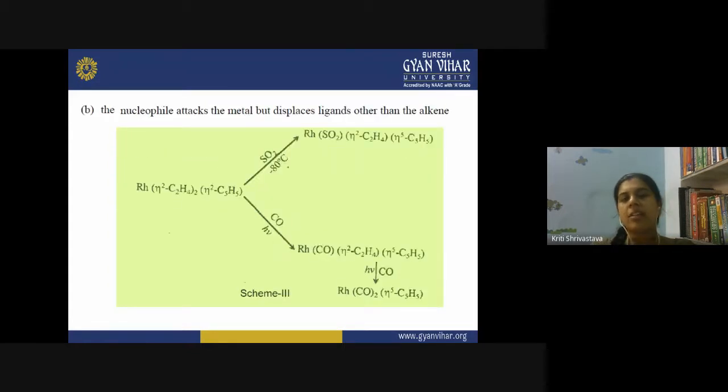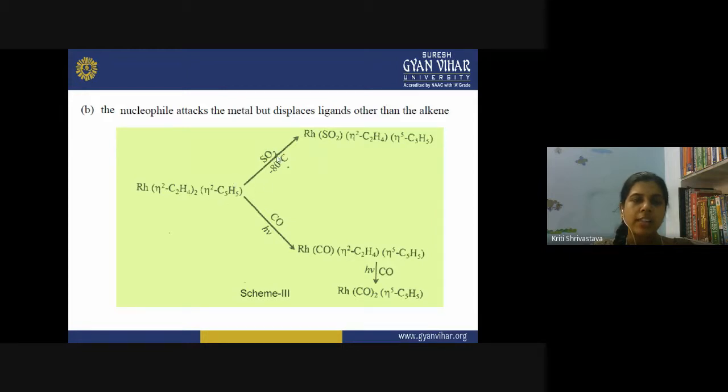Then we have the nucleophilic attack in which the nucleophile attacks the metal, but it displaces a ligand other than alkene. So of course, a nucleophile is attacking, but it is not displacing the alkene, rather some other ligand is getting displaced. So again, you can see here we have a rhodium complex, and we have two alkene molecules attached to it along with cyclopentadiene.